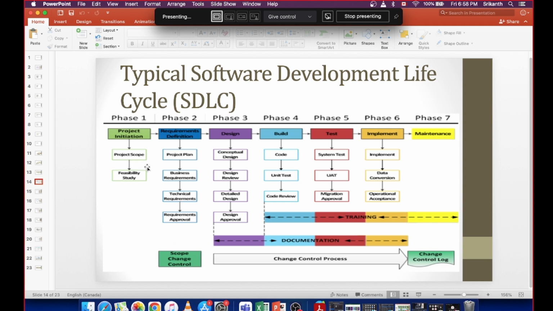Sometimes the business will come and say that, oh, this needs to be included, or else the system will not be completed. So if that is a minor change, it will be decided to be included in the same release, or else if it is a very big change, other than what was agreed in the beginning of the project, it will affect the whole project timeline.